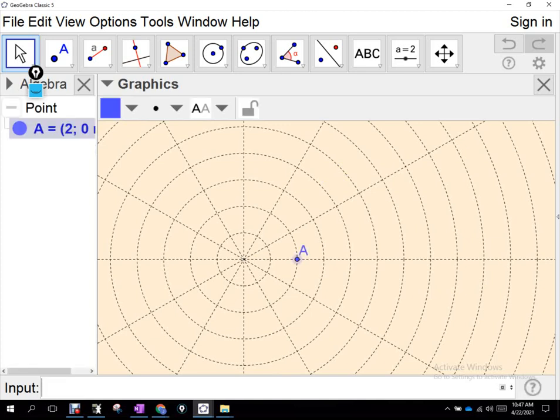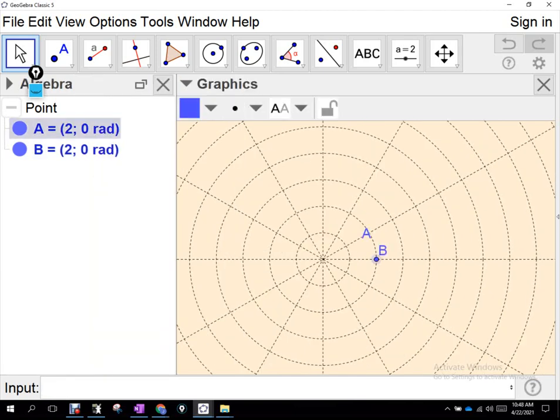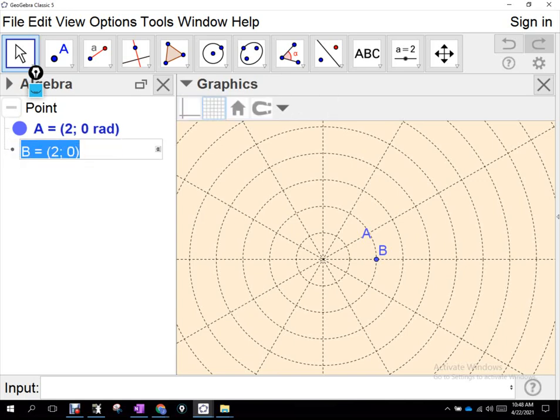You said, why not just go 2 comma 0? Gives me the same point. Now, GeoGebra auto fixes it for me. If I type it in, you see that that was negative 2 pi, right? That was 2, 0. Did it plot on top of the same point? Okay. So that's where it's different.